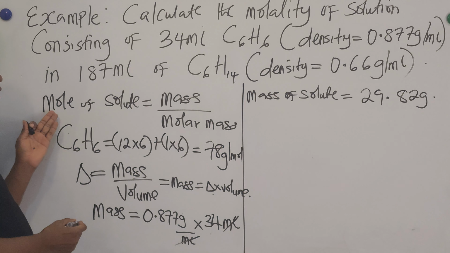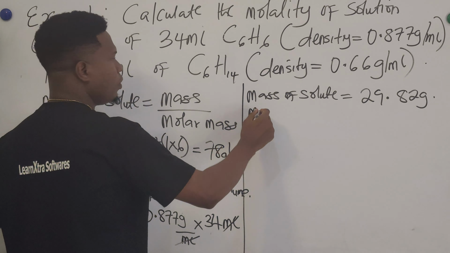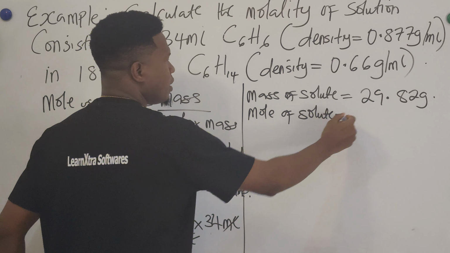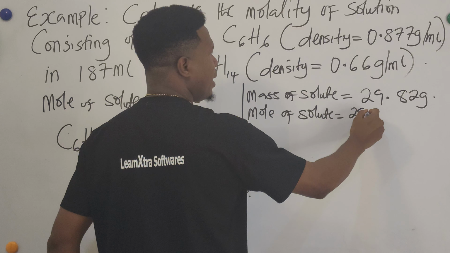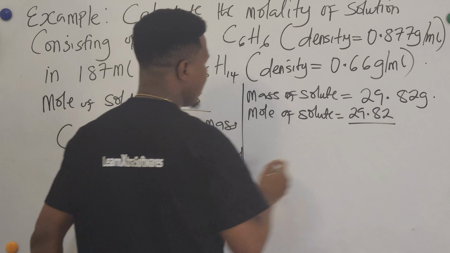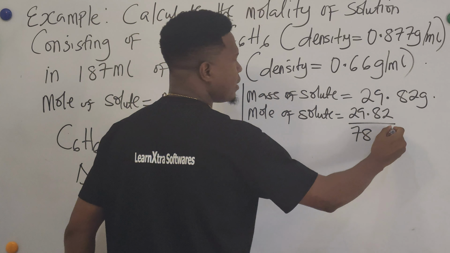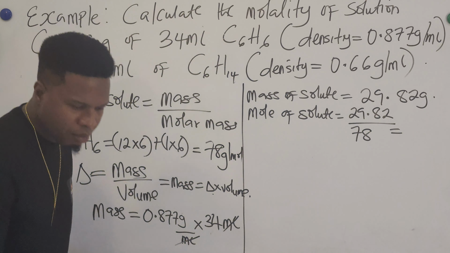So we can go ahead and find the mole, right? The mole of solute is equal to 29.82 divided by the molar mass. The molar mass was 78, so divided by 78. Whatever you have here becomes the mole.